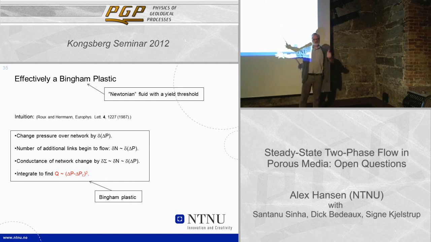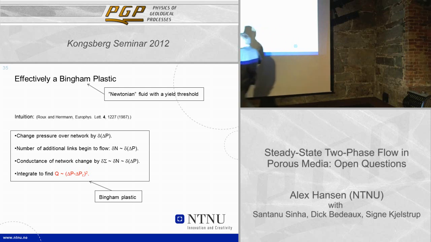Anyway, they have this wonderful little argument. If I have a network filled with ketchup, and I put a pressure across it, delta P, some of the links will flow, some will not. If I now change the pressure difference by delta P, a number of additional links will go above their yield threshold and start to flow.